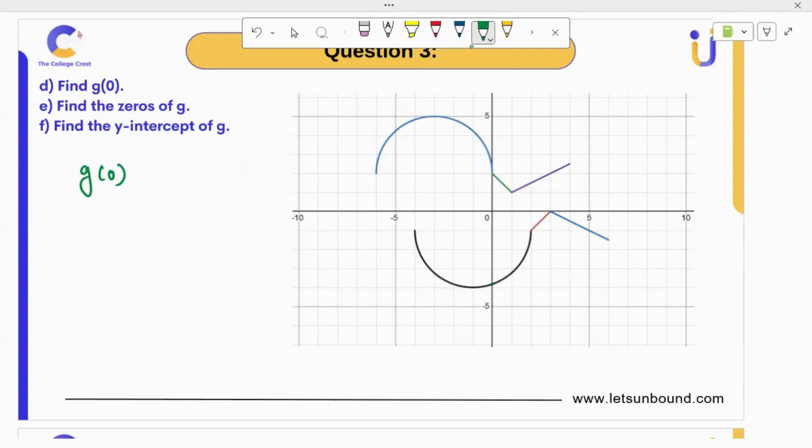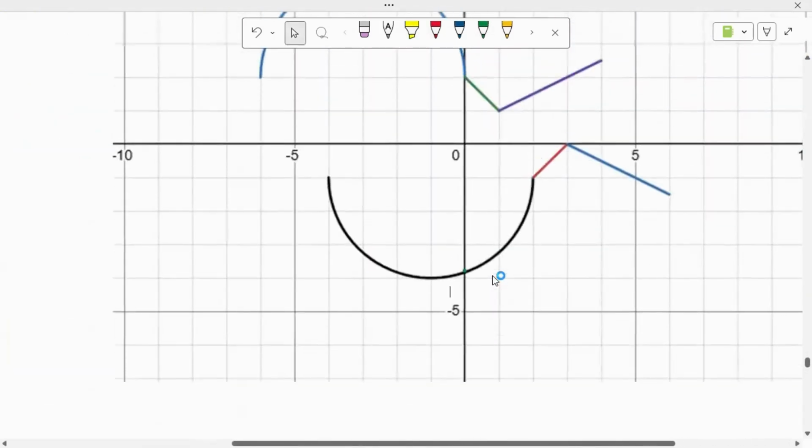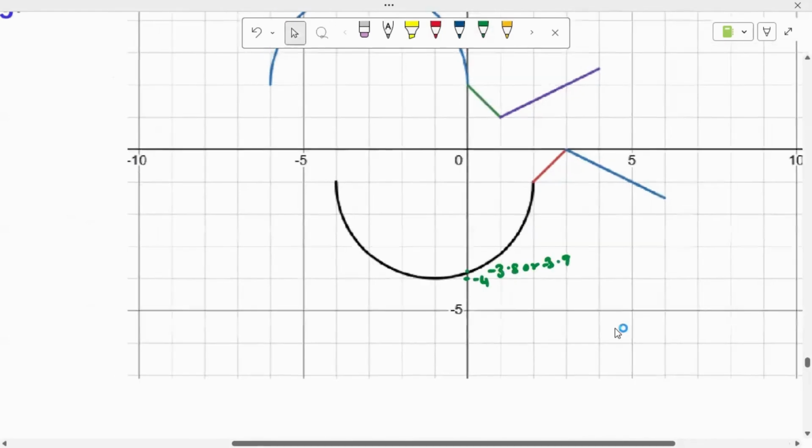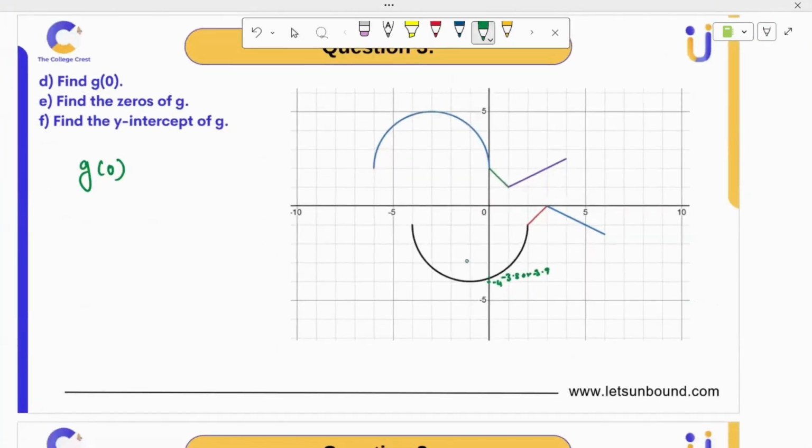Okay, so this point, actually it's not a perfect whole number, correct? So it's somewhere near negative 4, it's negative 3.8 or it can be negative 3.9. So that is g of 0, which is nothing but the y-intercept. So g of 0 is negative 3.8 or 3.9 approximately.